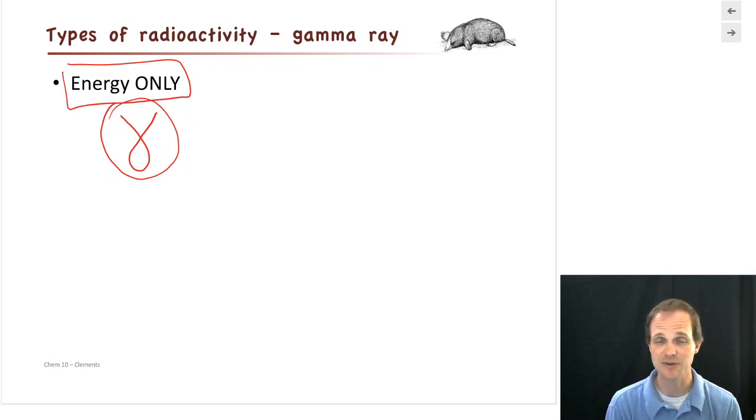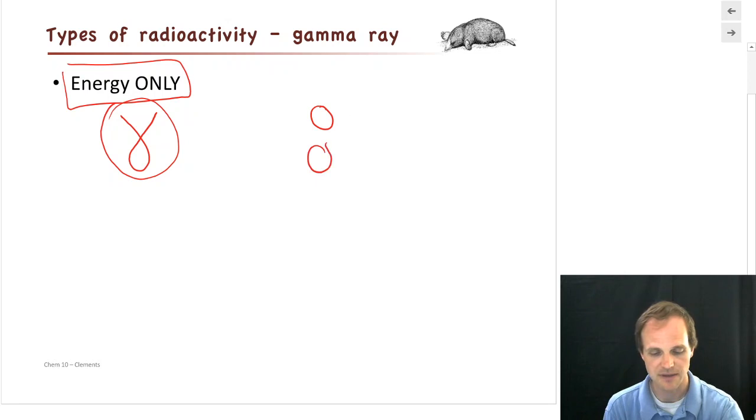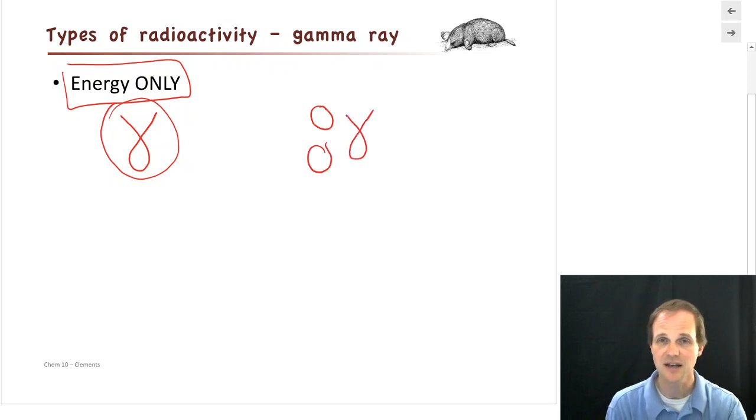You remember gamma was the very high end of the electromagnetic spectrum. With no mass number and no atomic number, you'll see people write it like that. They don't change how you balance the reaction. They're just there to make sure that people know that there's a lot of energy coming out of this reaction. You'll see that occurring in some reactions, but it doesn't change how we balance things.